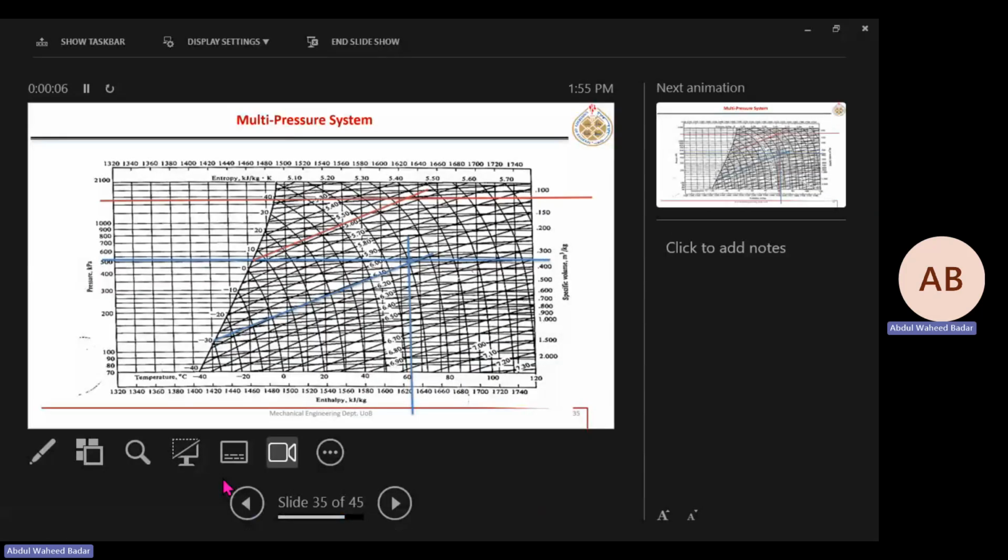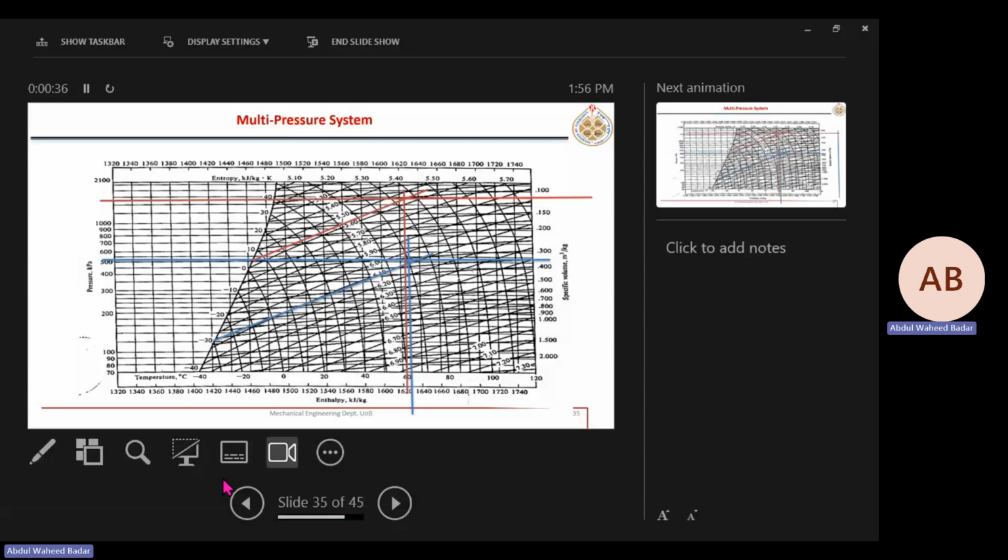This was the previous question: low compressor and then high compressor. Now in this case, the low compressor line will continue here, right? The same low compressor is compressing till this.